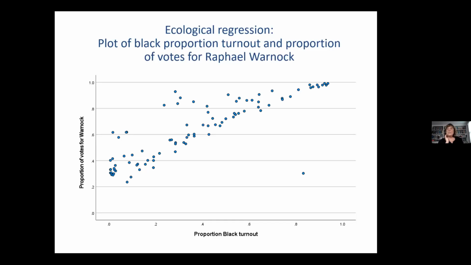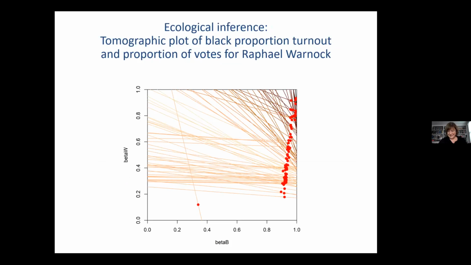So in the 1990s, a professor at Harvard named Gary King developed another method for estimating voting patterns by race, and he called this ecological inference. This is just a little more complicated. What we're going to do here is each of these lines represents a precinct.